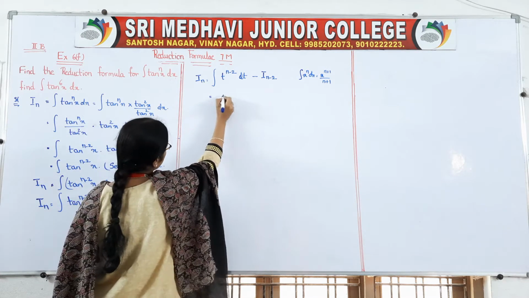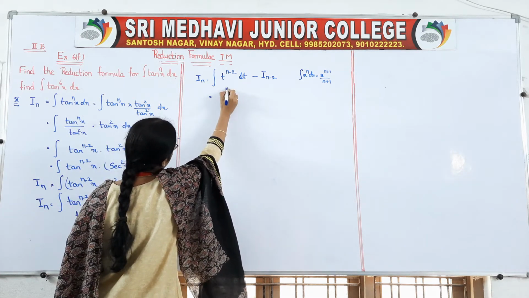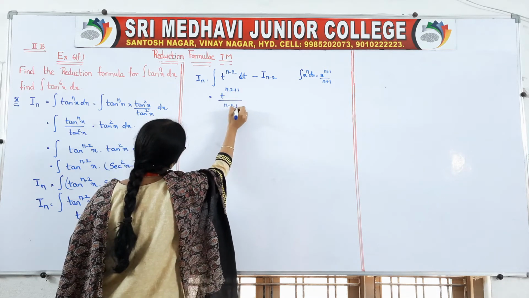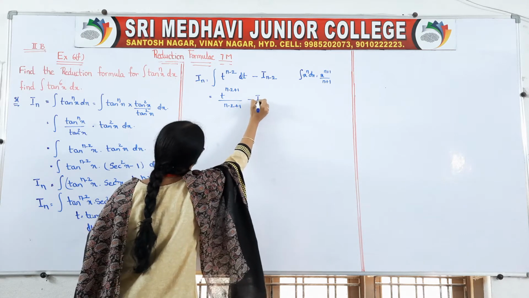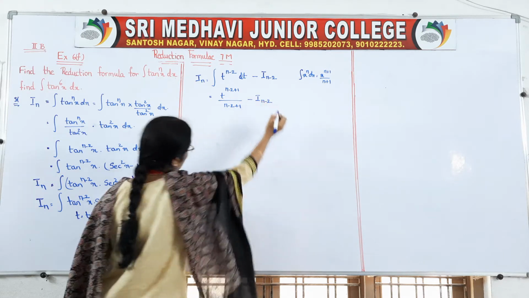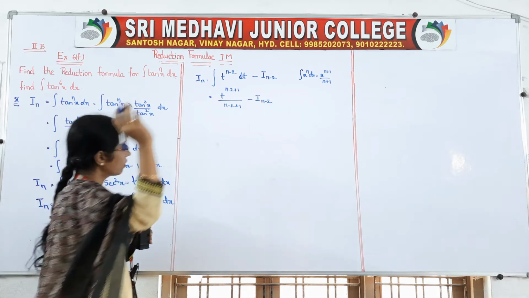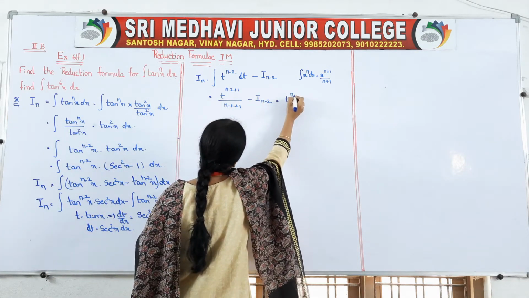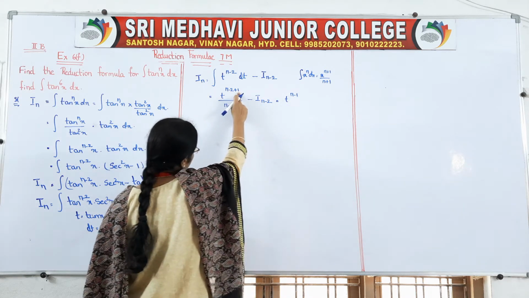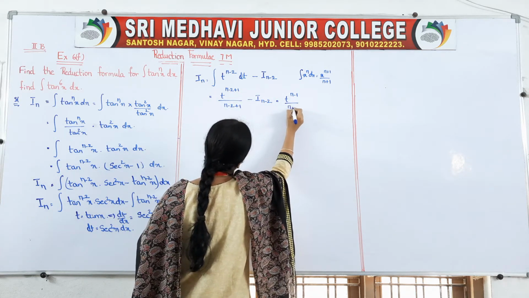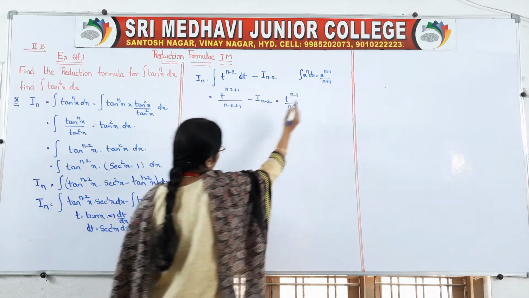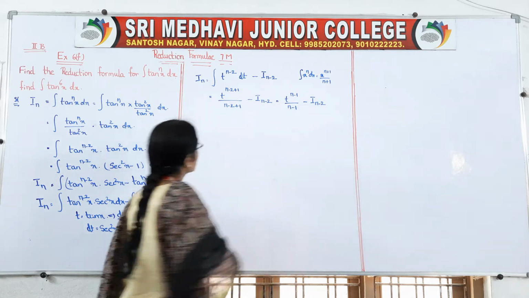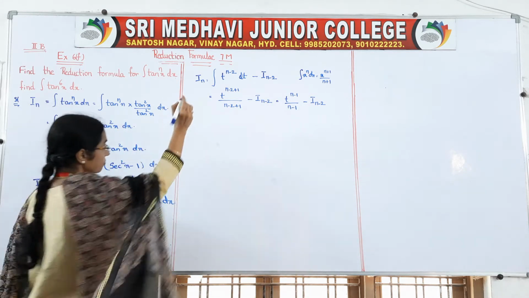So here it is t to the power of n minus 2 plus 1 by n minus 2 plus 1, minus I_{n-2}. So what happens to your value? t^{n-1} by n minus 1, minus I_{n-2}. Okay, so this is your I_n.